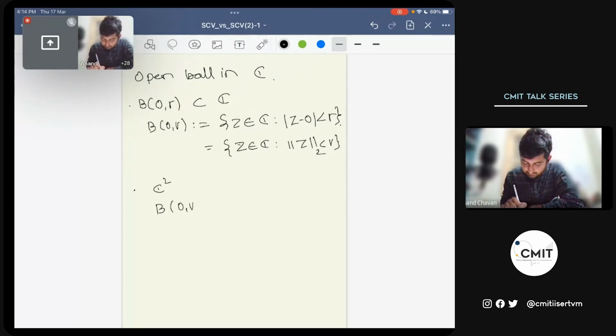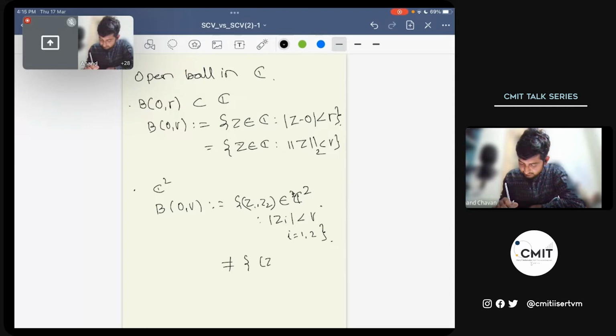The ball B(0, r) is defined as the set of all z, say (z1, z2) in C2, such that the modulus of zi is less than r for i equal to 1 and 2, and this is not equal to the set of (z1, z2) in C2 such that the Euclidean norm is less than r.